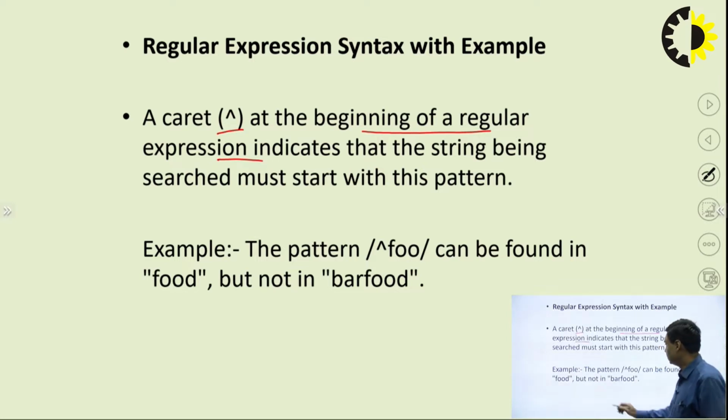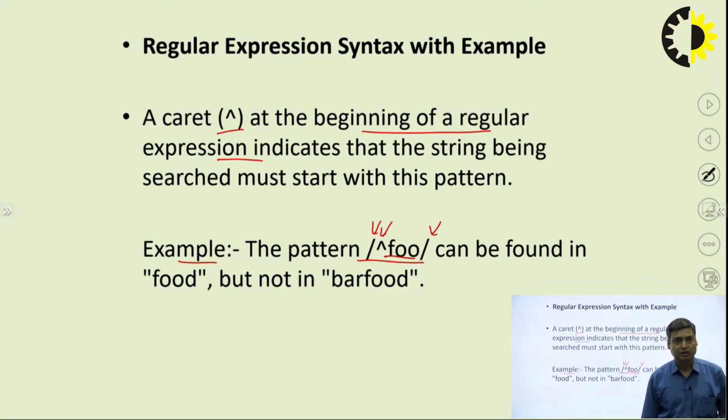Look at an example. We have defined a pattern here. You can see we are using the slash symbol to define the pattern, and the pattern is FOO. Before the pattern we are using this caret symbol.